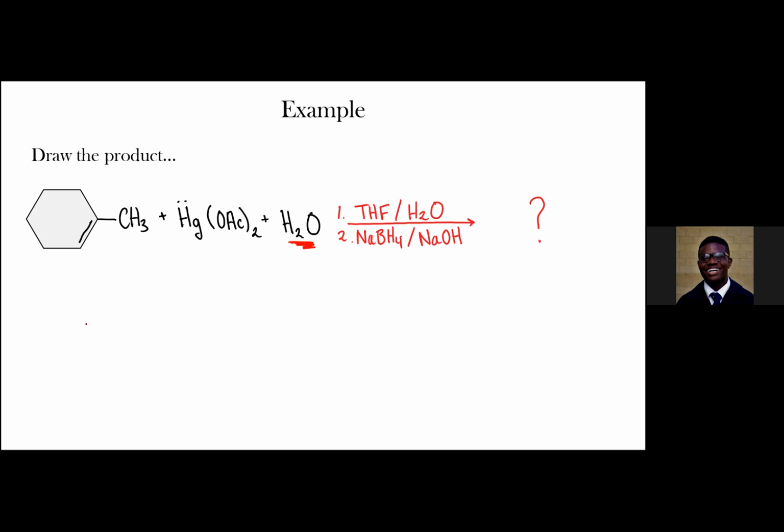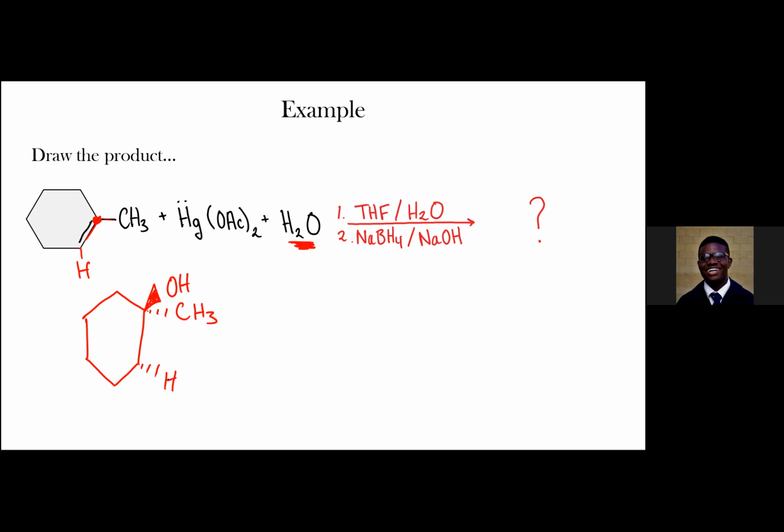Short answer, we're going to be adding in OH. We use H2O, and we're going to be adding it to the more substituted side of the alkene, because it has 1, 2, 3 attachments. And so when we do that, we have our OH there, and we have our CH3 still here. And then on the other side, we're just going to add our hydrogen. And so it would look like this.